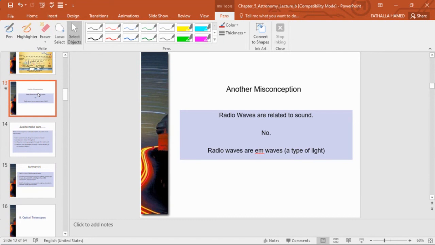But of course, you have things that can convert, because you produce and send these waves. So I don't want you to confuse radio waves as being sound waves. Sound waves are different. They need a medium to travel through. They need air. They need something that they can travel through. Electromagnetic waves can travel through vacuum.